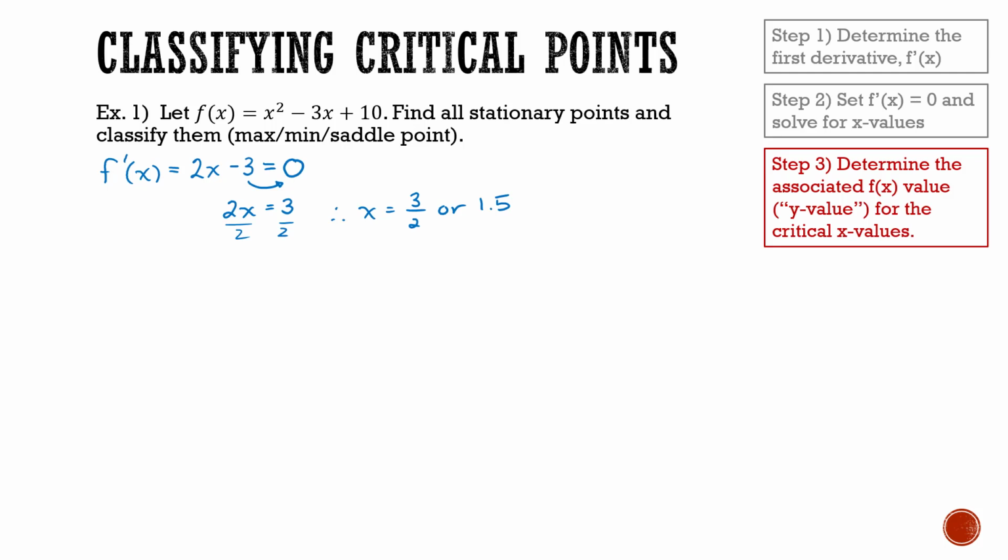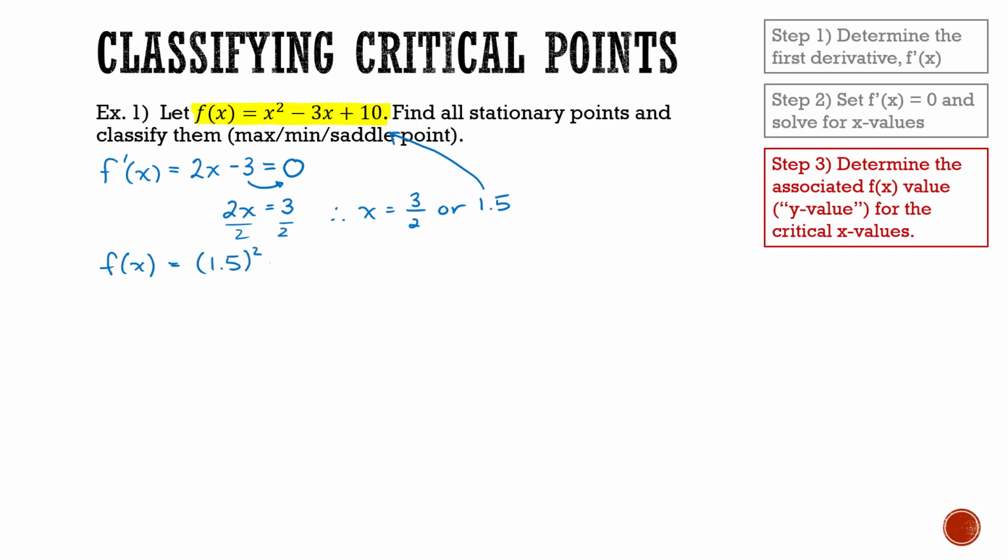Step 3. I'm going to determine the associated f of x value for the critical x value. That's just the vertical axis value to complete the coordinate. So I'm going to take my original equation right here, and I'm going to substitute this critical x value into it. So I have f of x is equal to, my critical x value is 1.5.